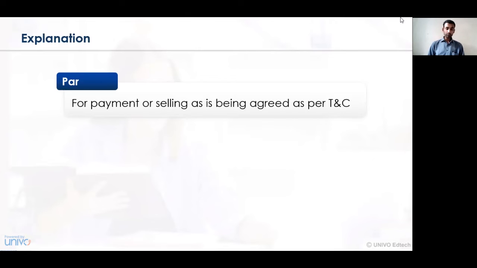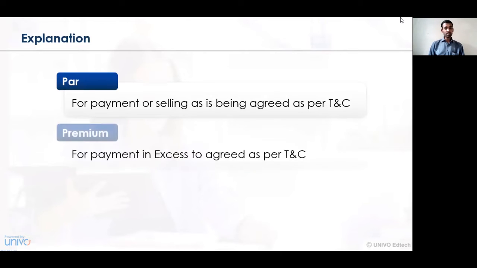So the price of the policy was 1000 and the insured person has also paid rupees 1000. So here in this case, it is an example of par. That is, it is an equal basis.